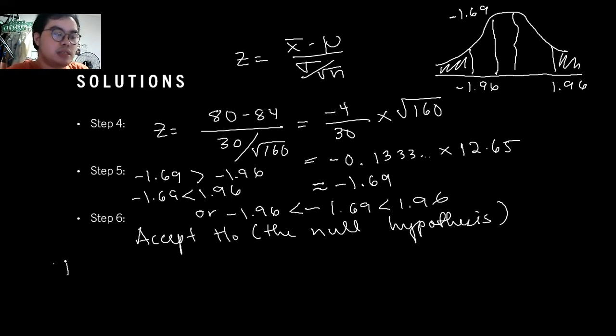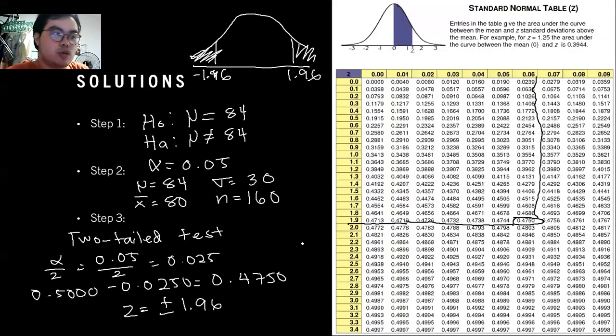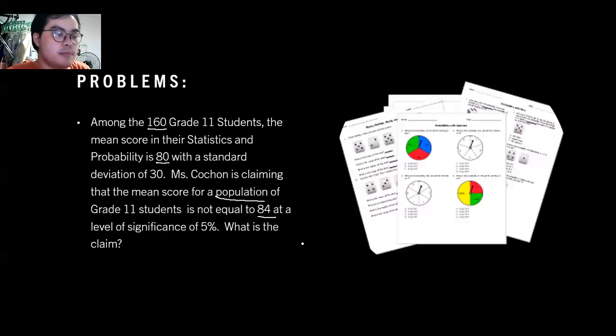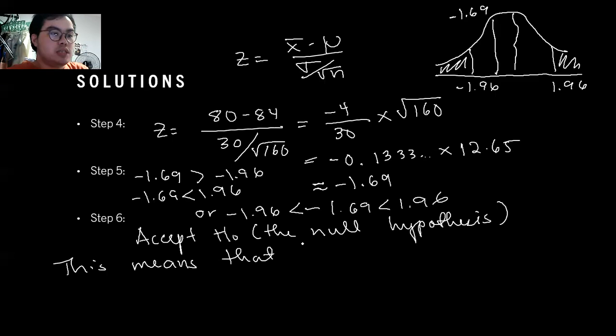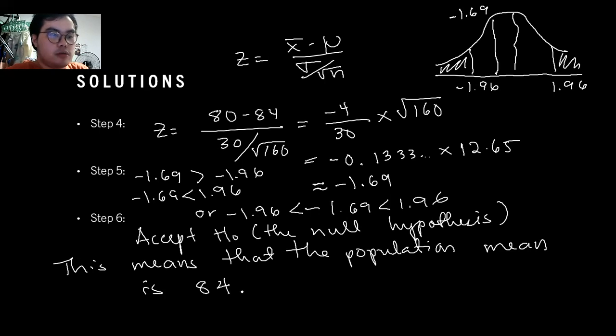So this means that, going back to this problem, the population mean is 84, implying that there is no significant difference.